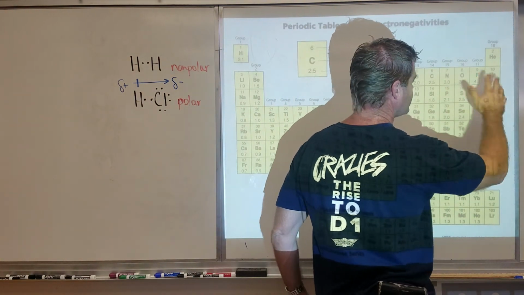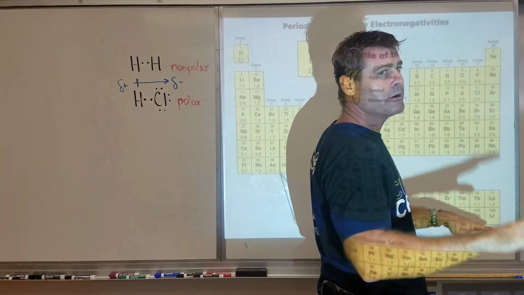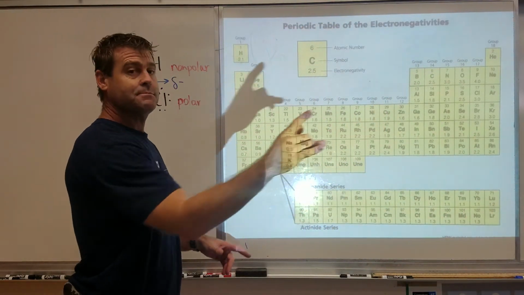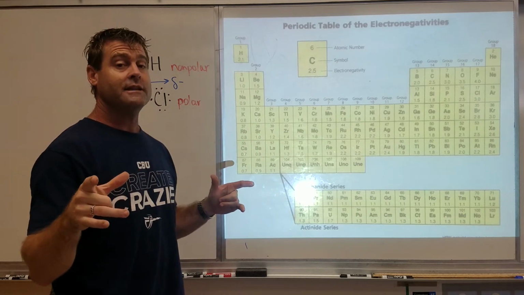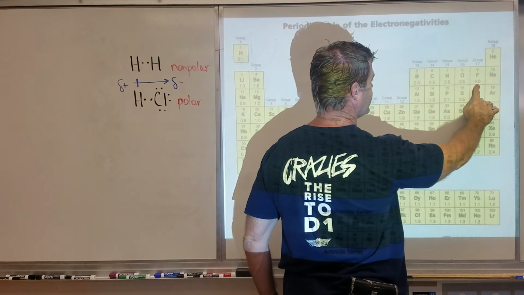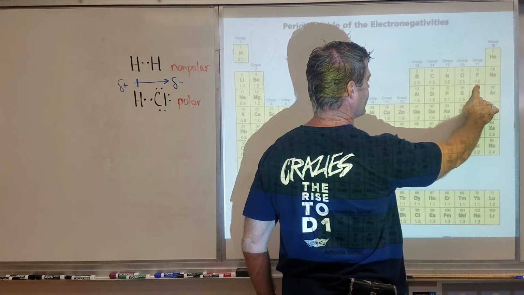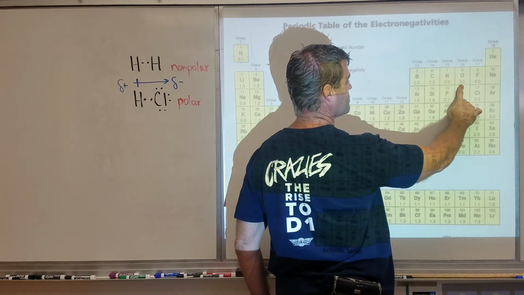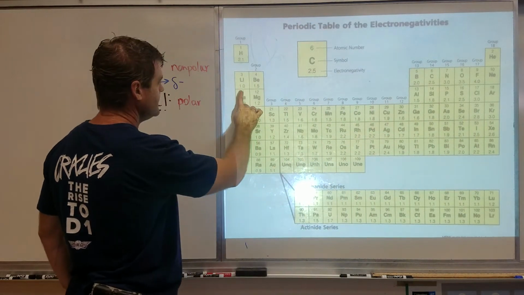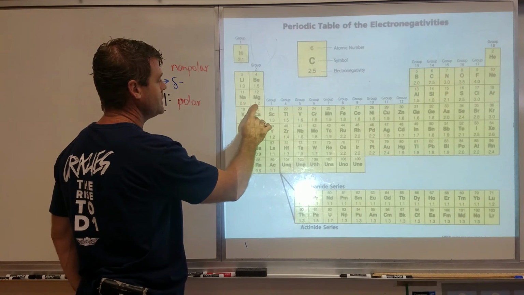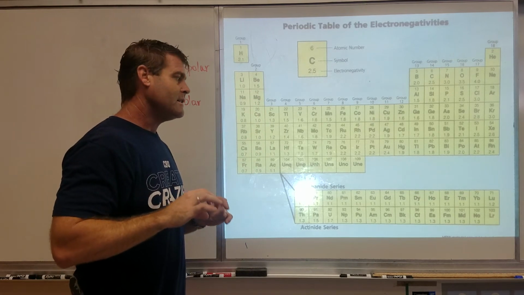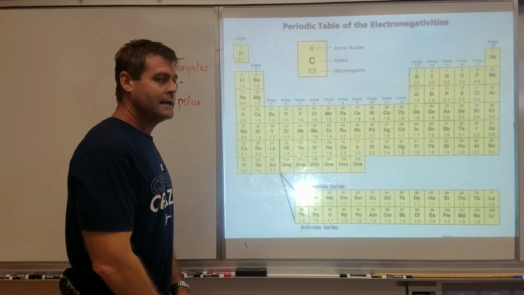There are some other ones, don't worry about that. But remember, noble gases don't have an attraction for electrons. As expected, where will we find the most electronegative atoms? Upper right. And fluorine indeed has the highest electronegativity value. Oxygen's pretty close at 3.5, chlorine's 3.0. Now look at the metals: 1.0, 1.5, 0. They have very low electronegativity values, meaning they have a very low attraction for extra electrons, okay?